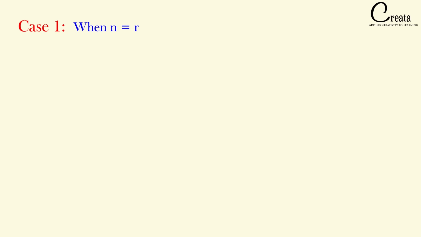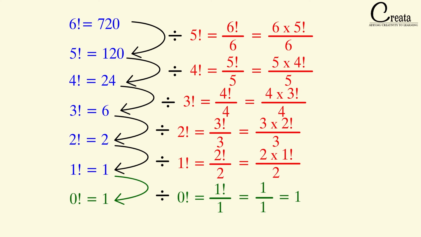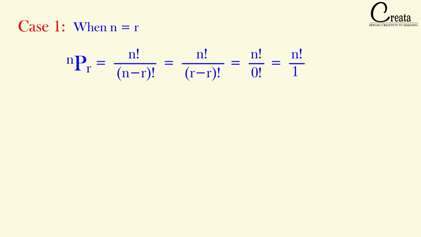So we know the formula of permutation is n factorial upon n minus r factorial. Here n is equal to r, so we get n factorial upon 0 factorial. And what is the value of 0 factorial? In the previous lecture we have seen that 0 factorial is equal to 1. Note that 0 factorial is not 0, it is 1. So we get the permutation as n factorial.